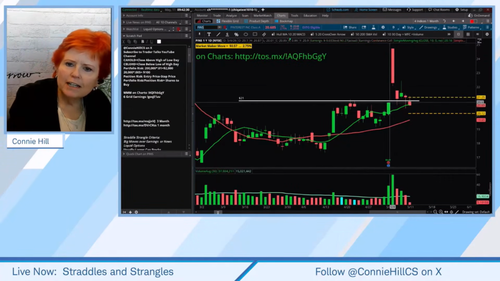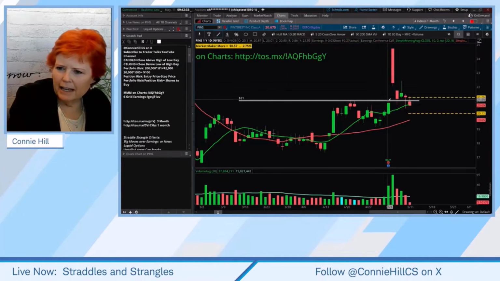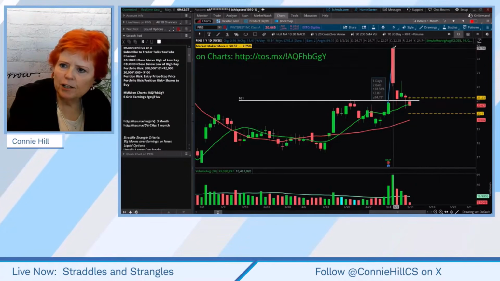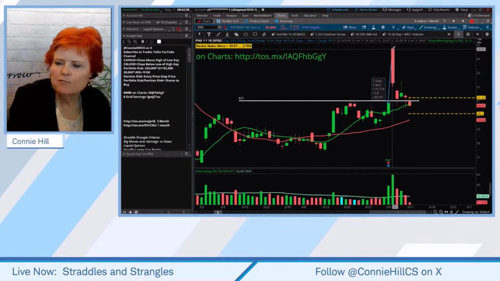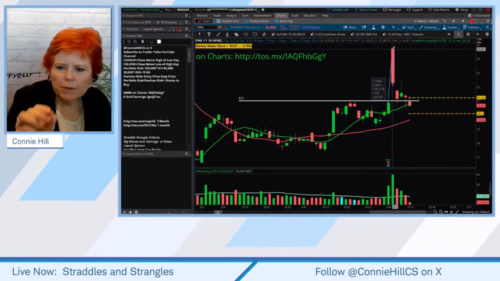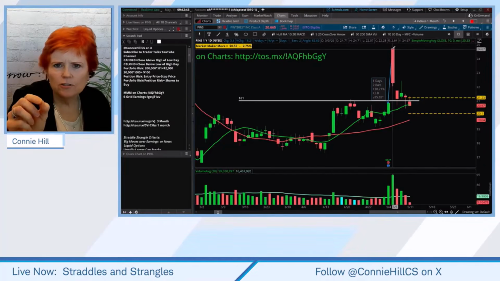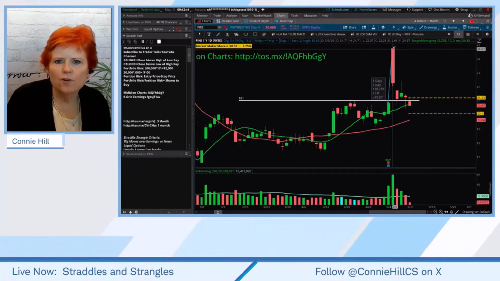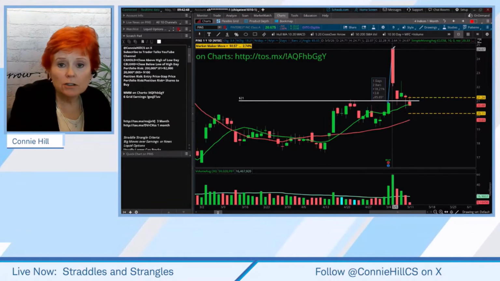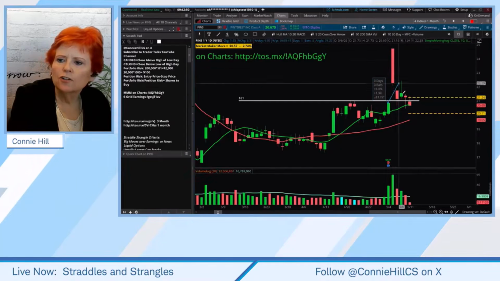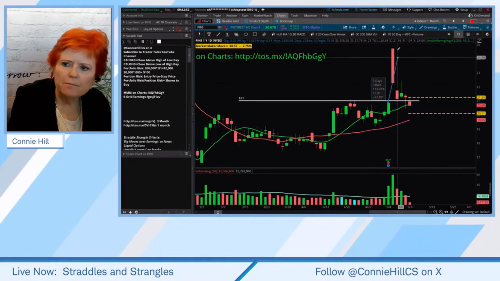It closed here. And the next morning, it gapped up here, which was about 18%. It was huge, but it only stayed there for a microsecond. And then it began to drop.